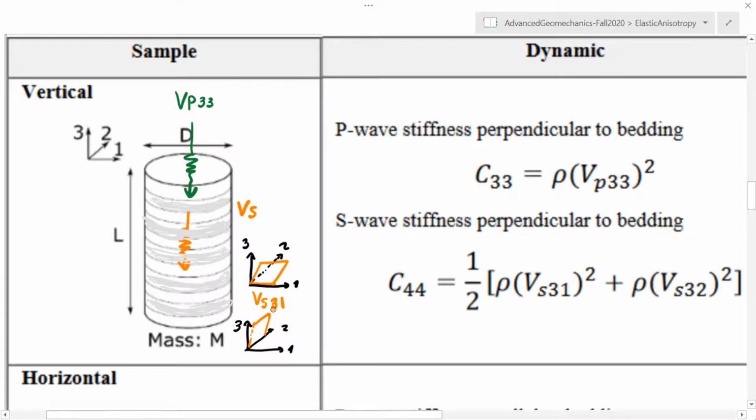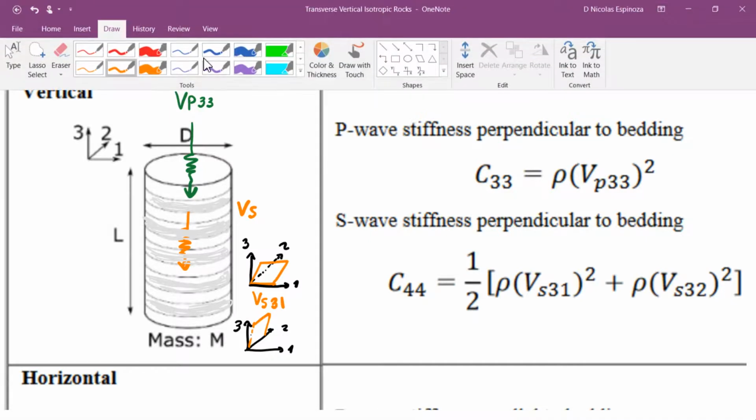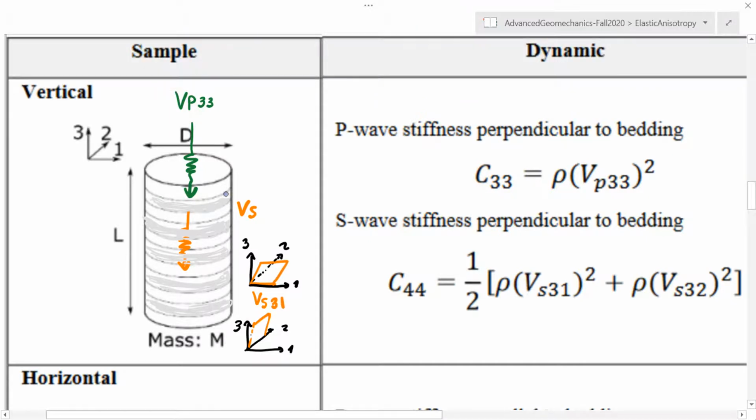But notice that because of the symmetry, these two would be the same value, because the shear stiffness in direction 3, 2 is the same as the shear stiffness in direction 3, 1.